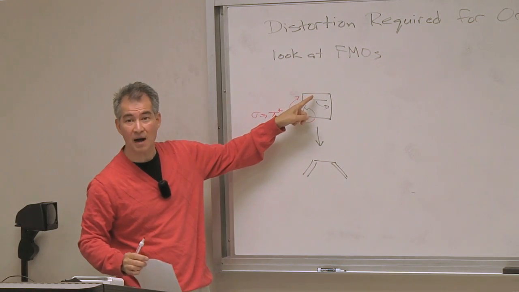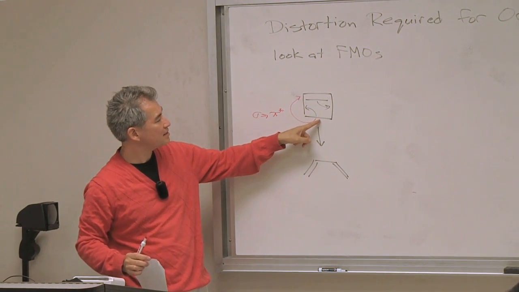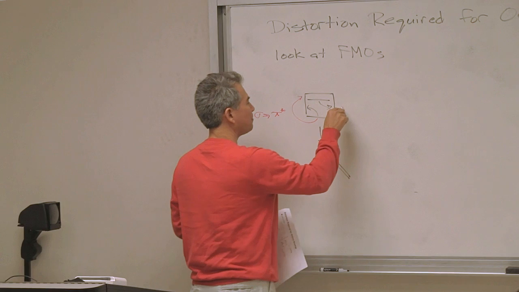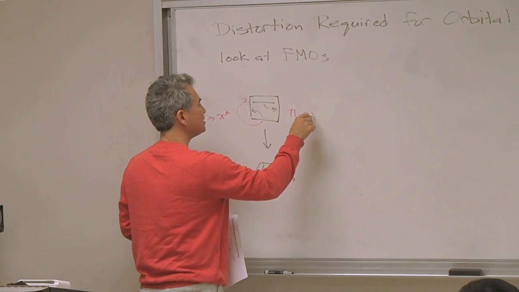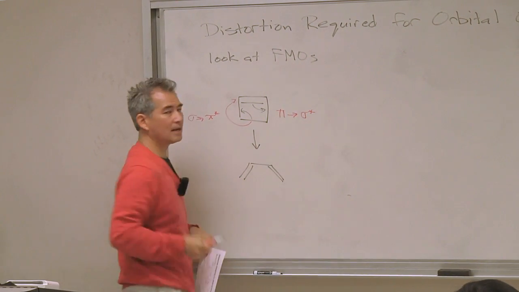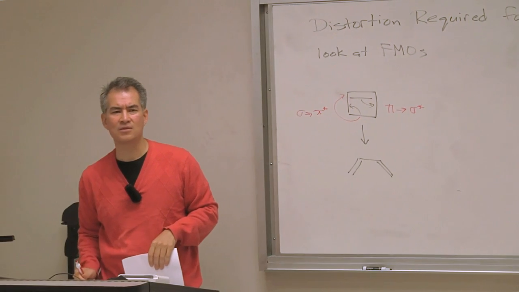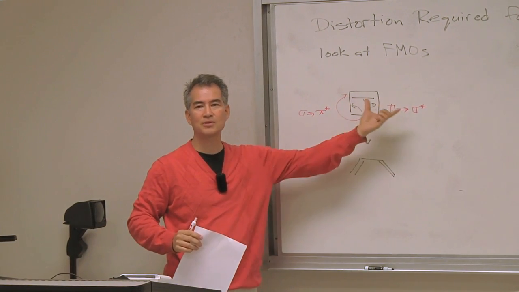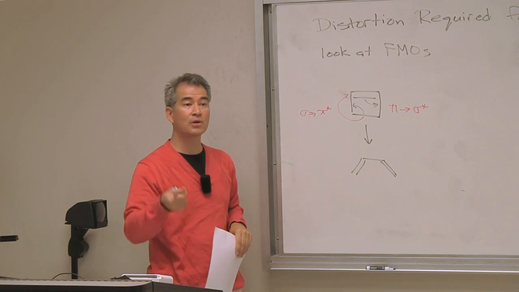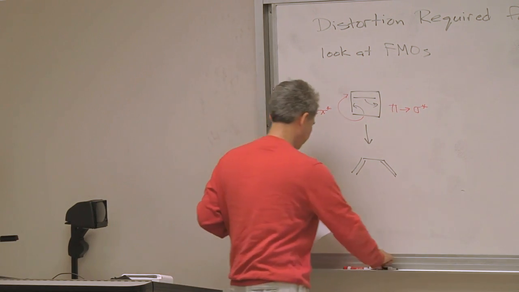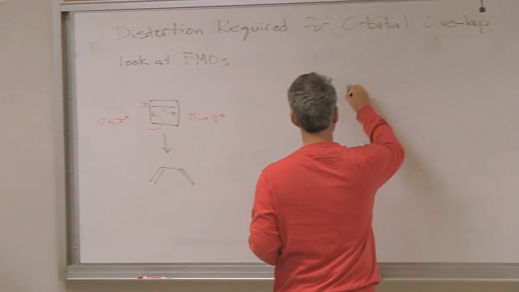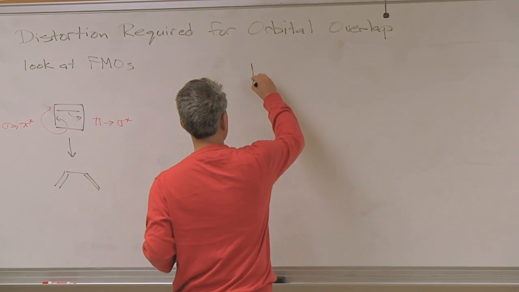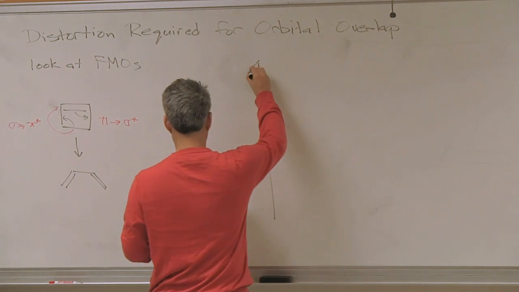And if I'm using this pi bond to break this sigma bond, then the pi electrons must be donating into sigma star. That's the correct orbital analysis. So we better look at the symmetry of those orbitals in order to understand these two simultaneous processes. Both are occurring at the same time. And so let's draw those orbitals. Let's draw sigma, sigma star, pi, and pi star.